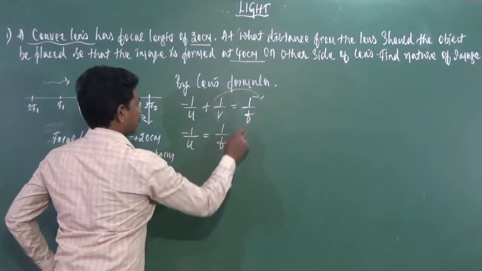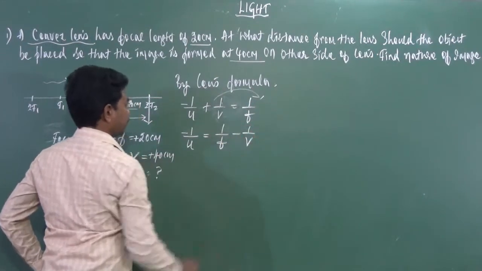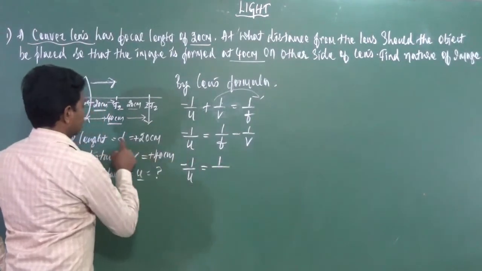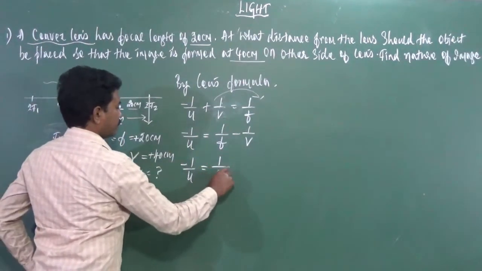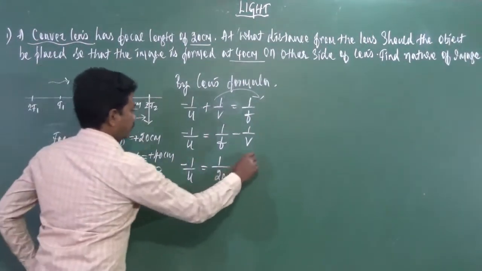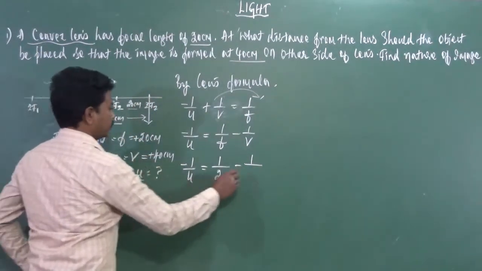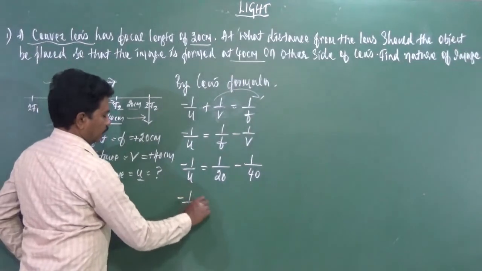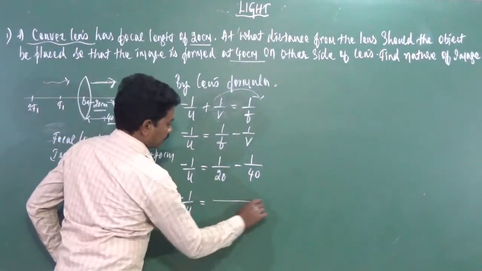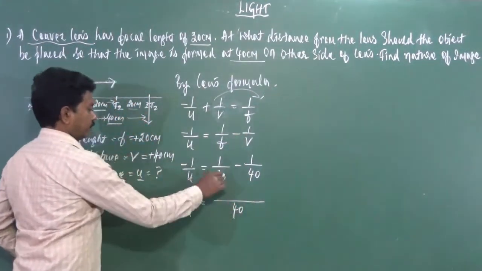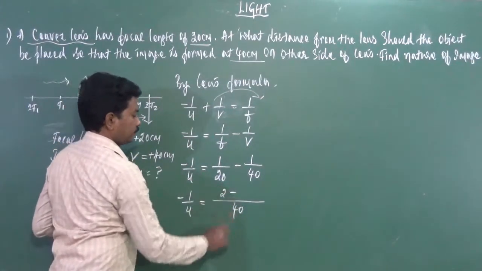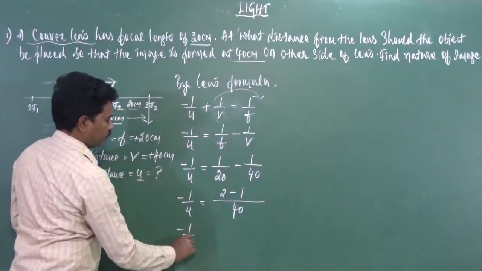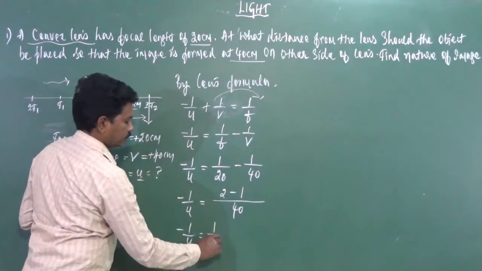When it is transposed to the RHS, it becomes minus 1 by v. So minus 1 by u is equal to 1 by f, which is 20, minus 1 by v. The v value is 40. So 1 by 20 minus 1 by 40. For 20 and 40 the LCM is 40. So 1 by 20 into 40 is 2, minus 1 by 40 into 40 is 1. So minus 1 by u is equal to 1 by 40.